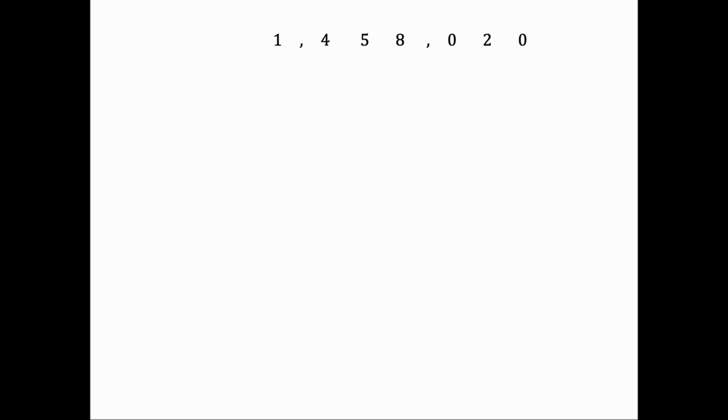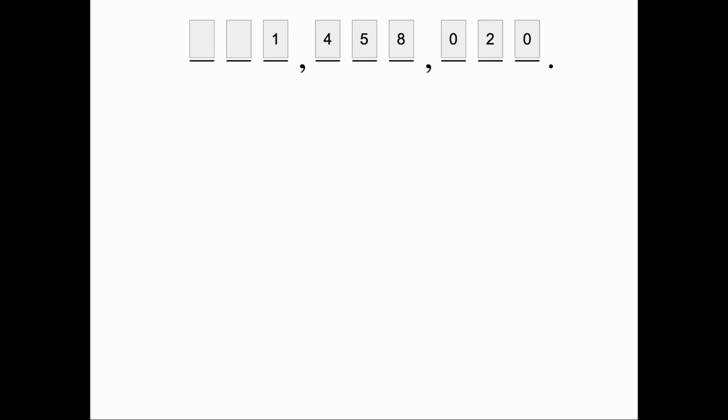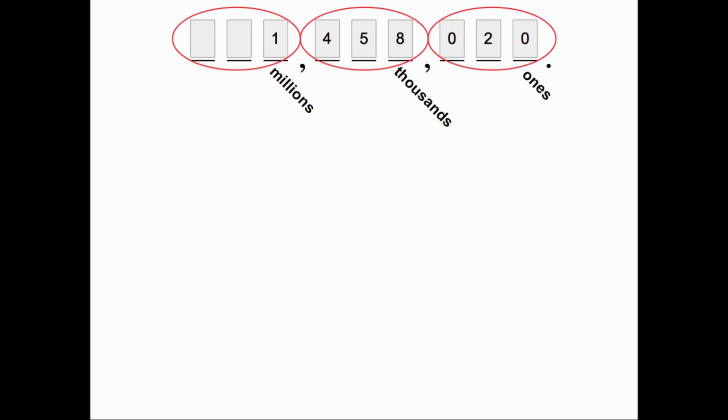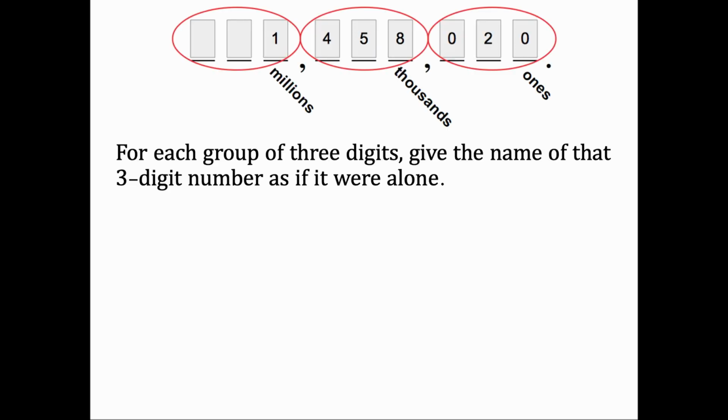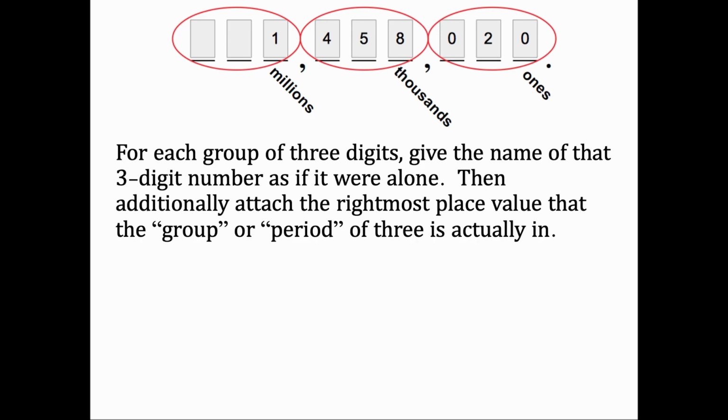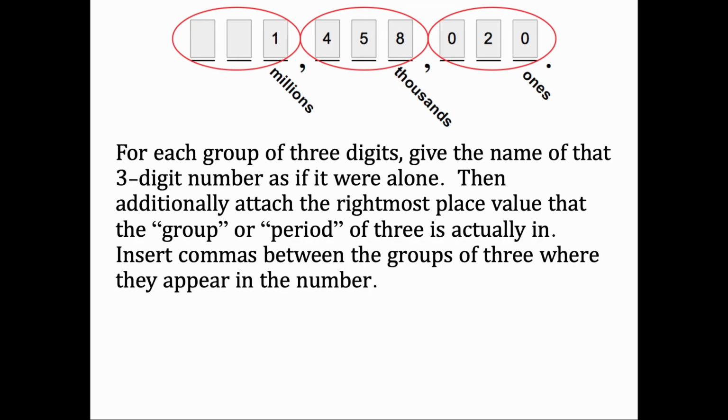Take a look at this 7-digit number. Again, for each group of 3, give the name of that 3-digit number as if it were alone. Then additionally attach the rightmost place value of that period. We can insert commas wherever they appear in the number.